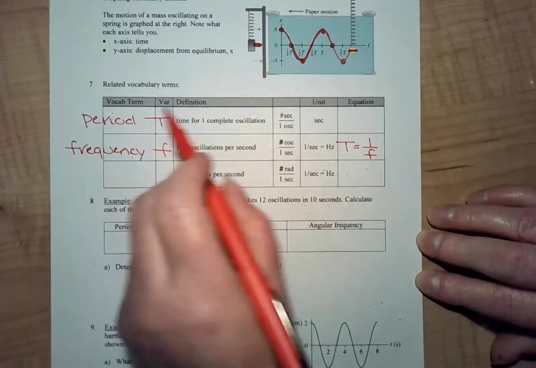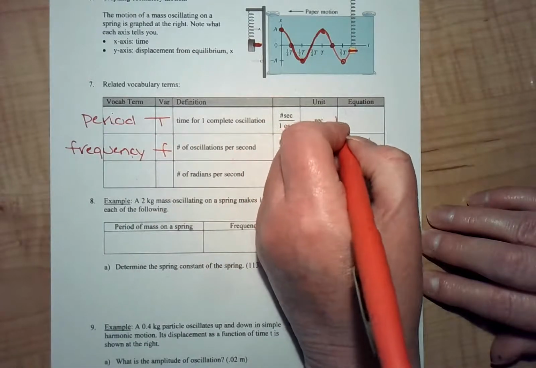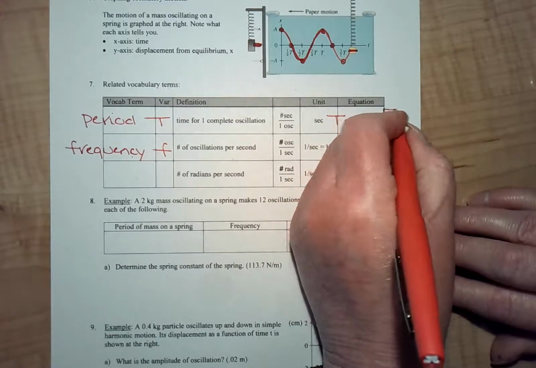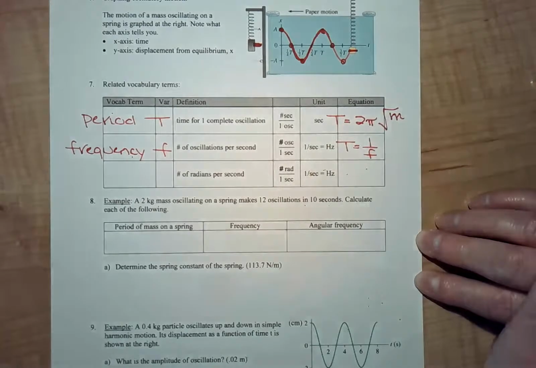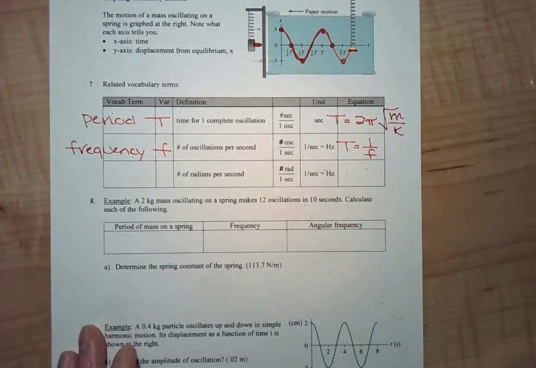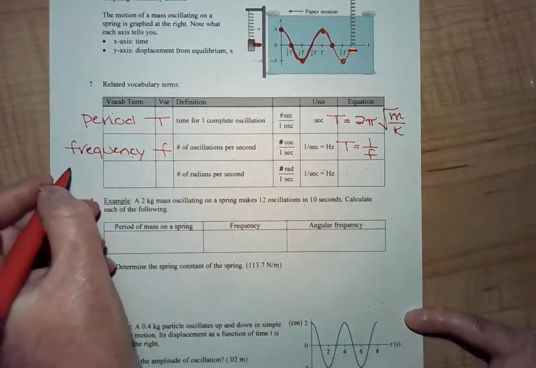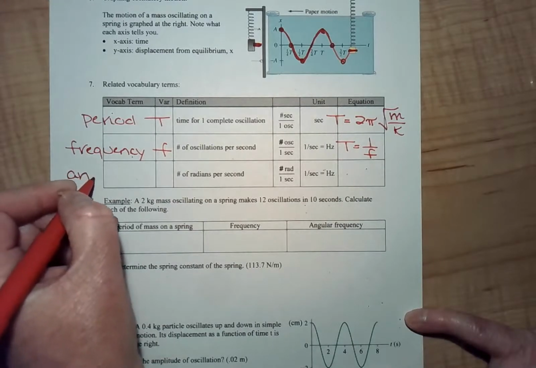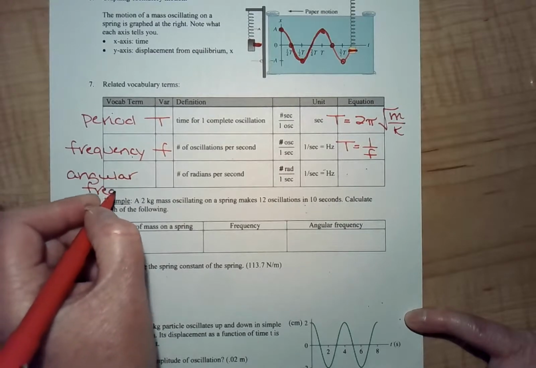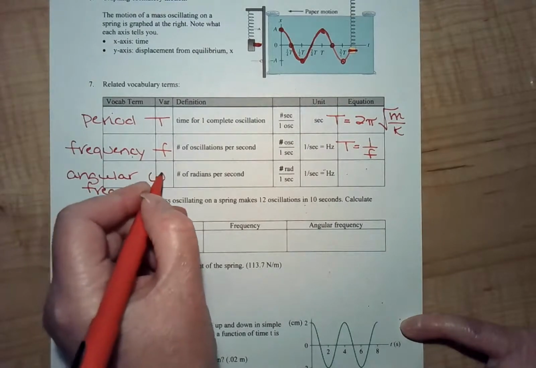We can calculate the period if we could extract it from a graph, but we could also calculate it with the spring equation if we knew the mass that was hanging on the spring and we knew the spring constant value of that spring. All right, and then we're going to introduce a new term today called angular frequency. The variable for angular frequency is the Greek letter omega.